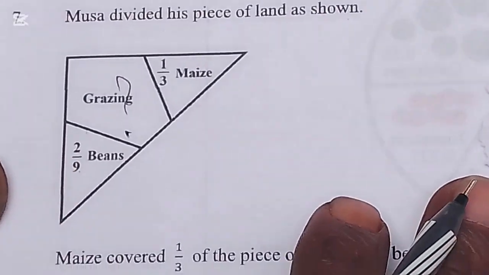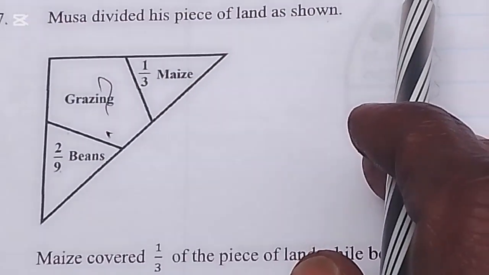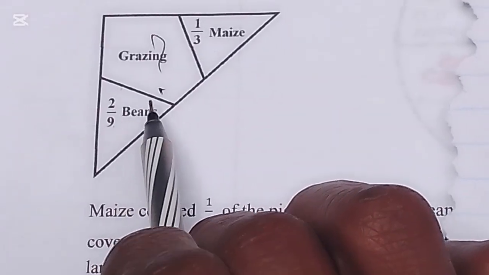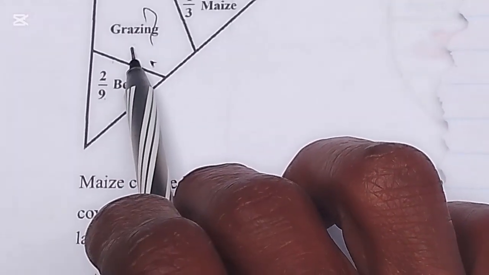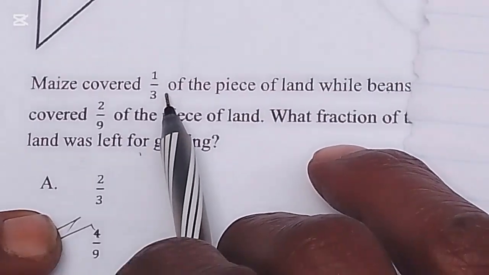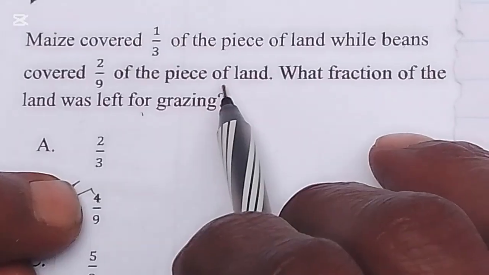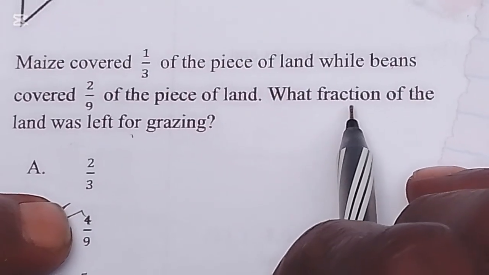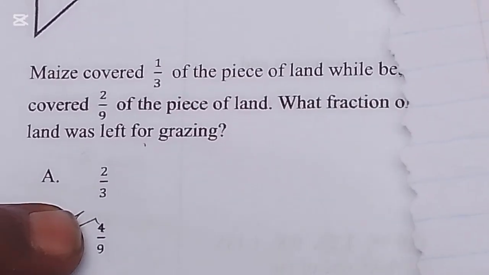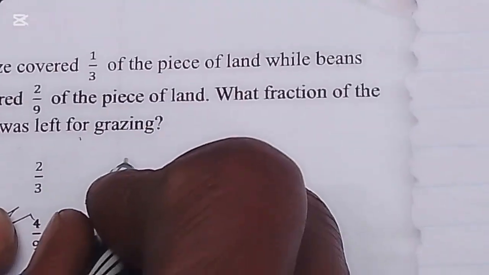Number 7. Musa divided his piece of land as shown. 1/3 for maize, 2/9 for beans. Grazing, we are not given. So maize covered 1/3 of the piece of land, while beans covered 2/9 of the piece of land. What fraction of the land was left for grazing? So the whole piece of land of Musa is 1 whole.